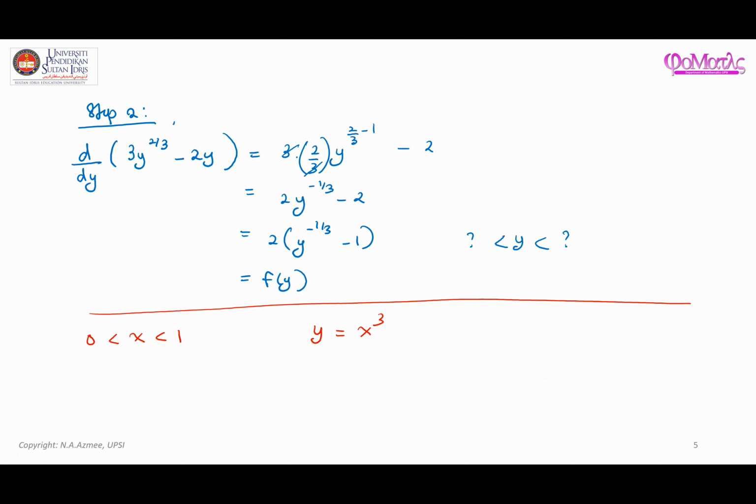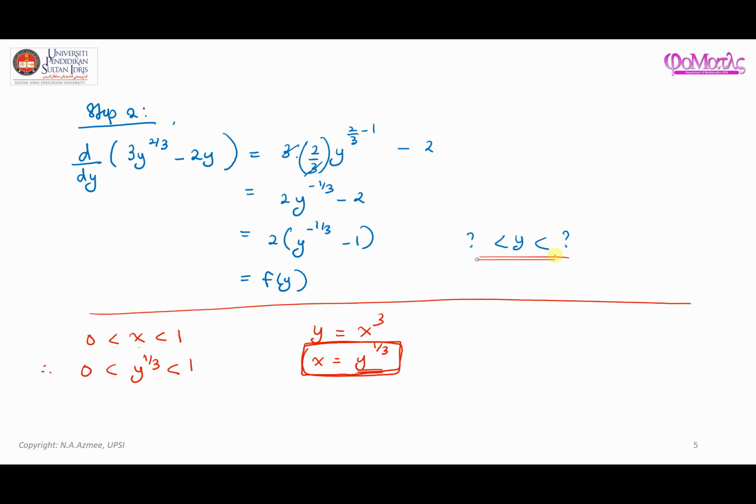And we have shown that in order to relate x and y together, x is equal to y to the 1 over 3. So we're just going to replace with y to the 1 over 3 on this part here. Therefore y to the 1 over 3 is going to be greater than 0 and less than 1, based on this result. Now we don't want y to the 1 over 3, we want just a simple y.